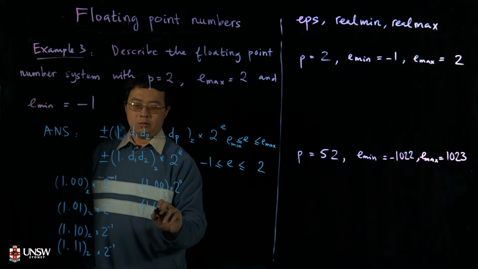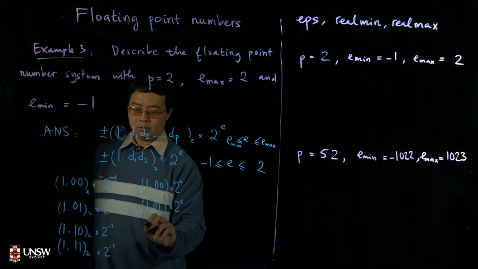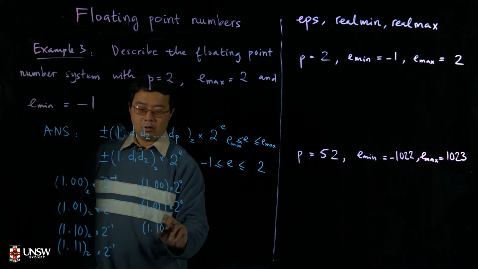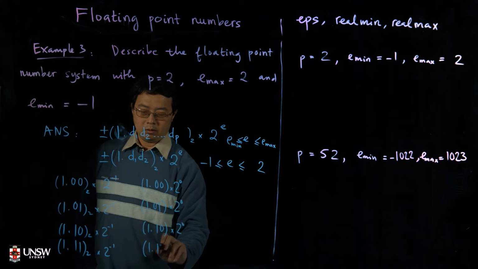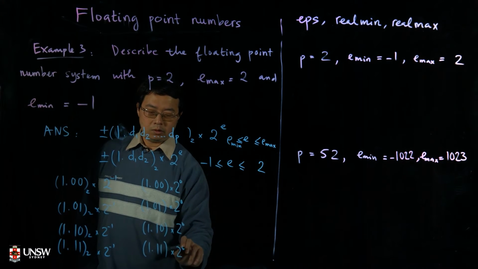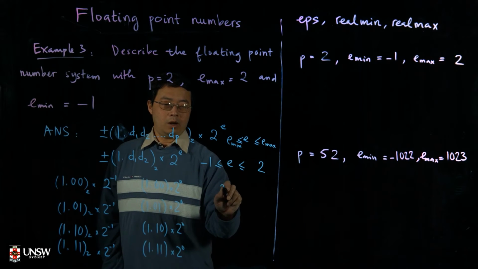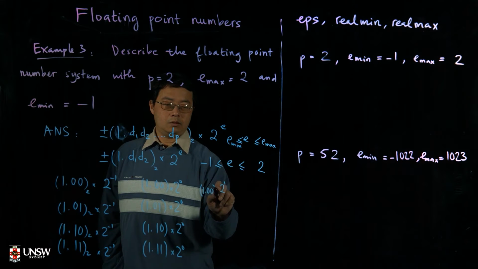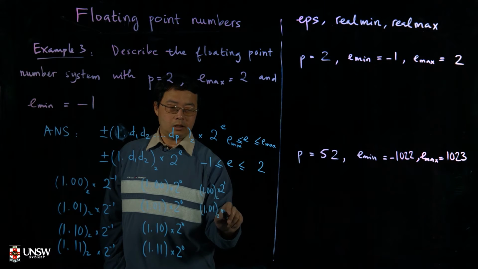Then you increase the power to 2 to the 1, so you have 1.00 and 1.01 and so on, where everything here is binary digits.